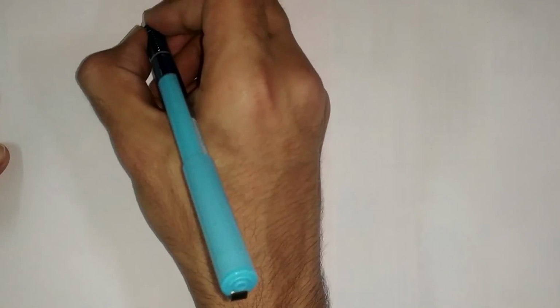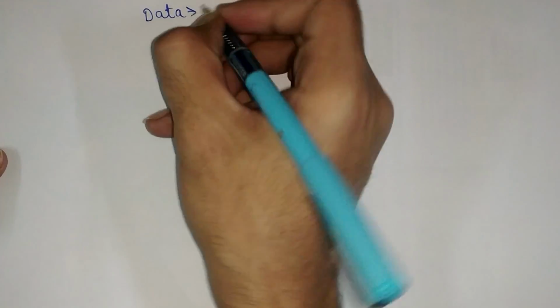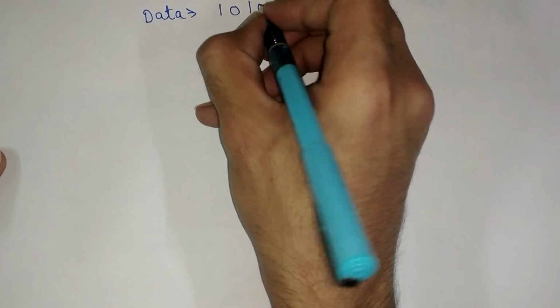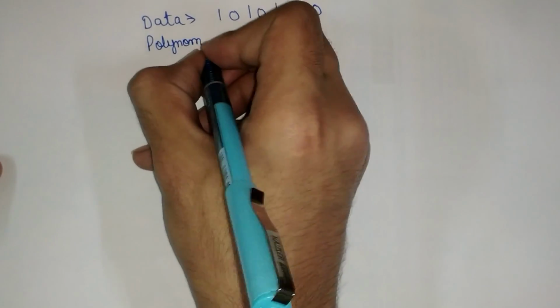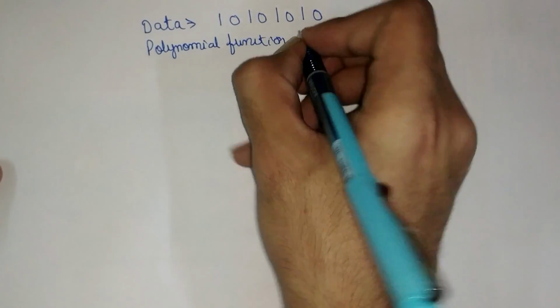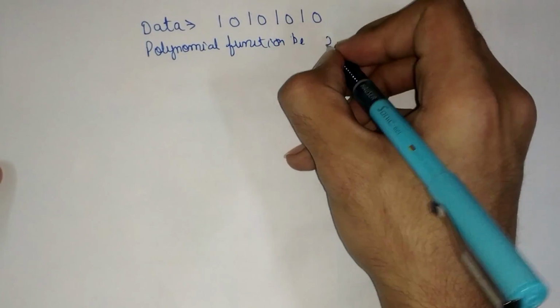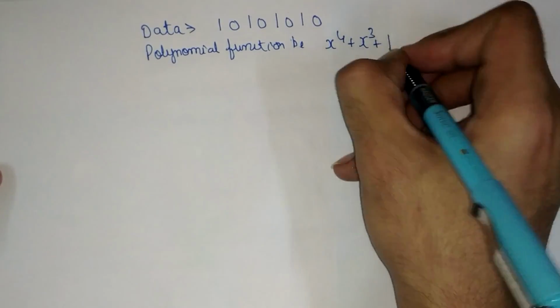Taking an example of data equal to 1 0 1 0 1 0 1 0 and the polynomial function be x to the power 4 plus x to the power 3 plus 1.